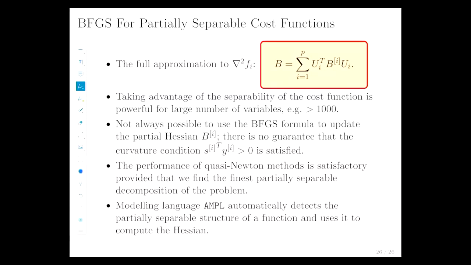We cannot guarantee that these partial curvature conditions are satisfied, and we cannot enforce it. So that's the challenge from a practical point of view, and it comes from a theoretical shortcoming. But if we are lucky and these things are satisfied, the implementation is nice, because, as I said, we can now do all these estimates of the Hessian in parallel on different cores on a computer. They don't need to exchange information with each other, and then we combine the results in the end.